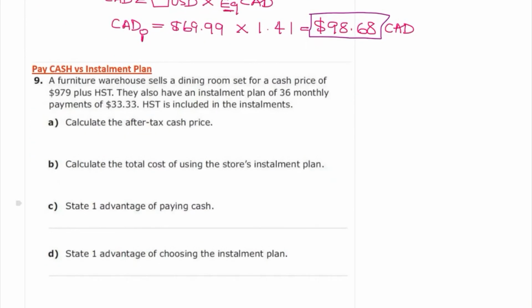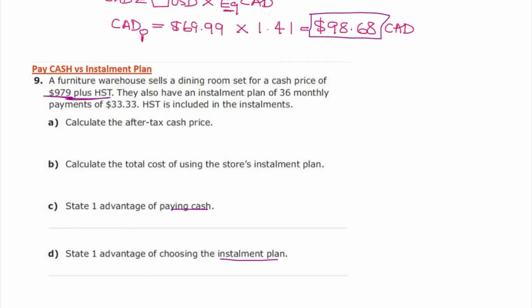And finally here is involving installment plans, and why it's interesting to compare that versus paying in cash. Here we have a furniture warehouse sale that sells a dining room set for a cost price of $979 plus HST.